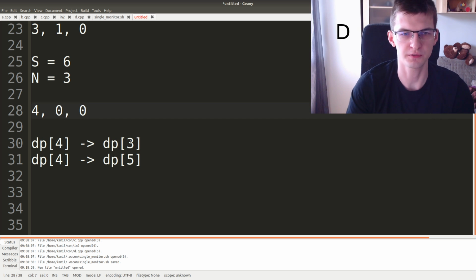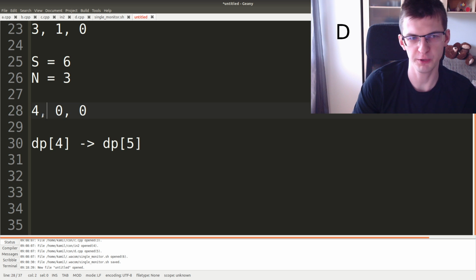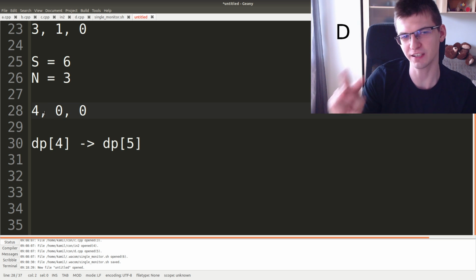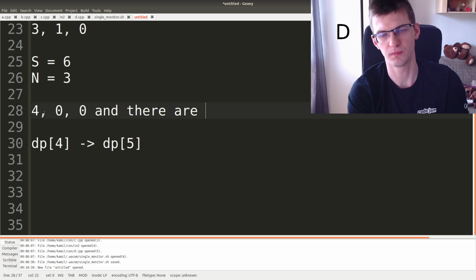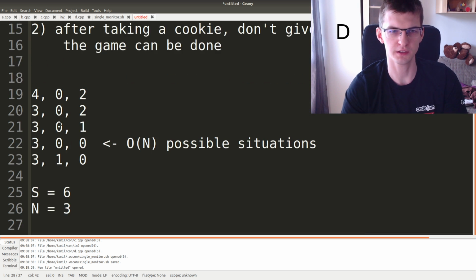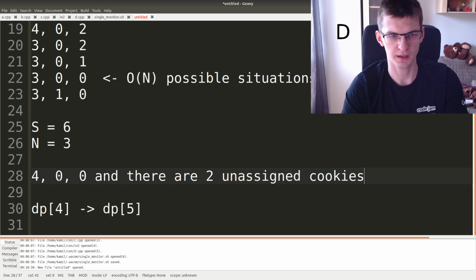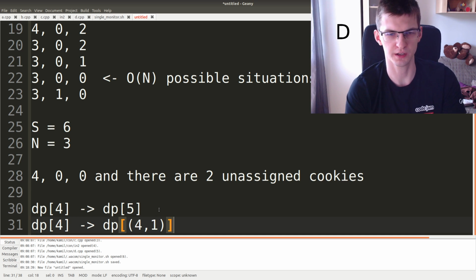No, not dp of 3, because now I'm saying maybe this is already a win. Those two unassigned cookies, they can be for this player. And either this happens or this happens, that one other player gets a cookie.